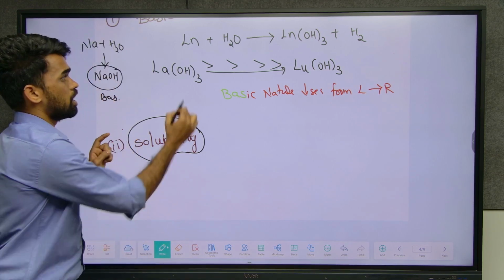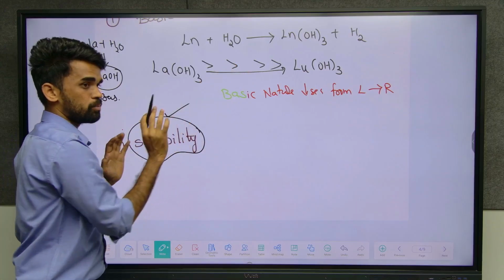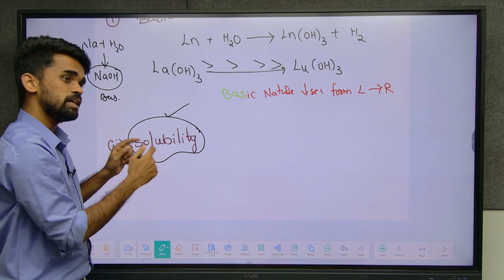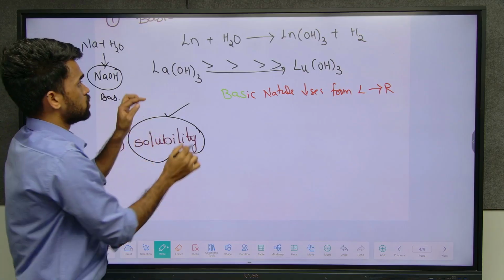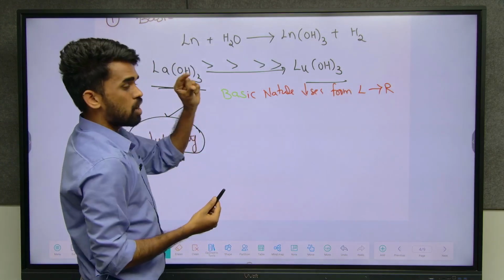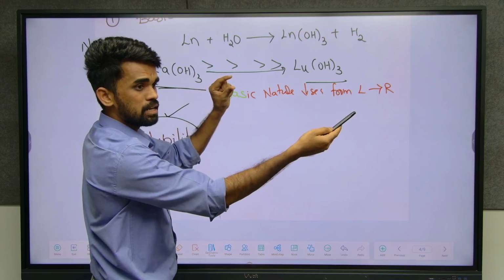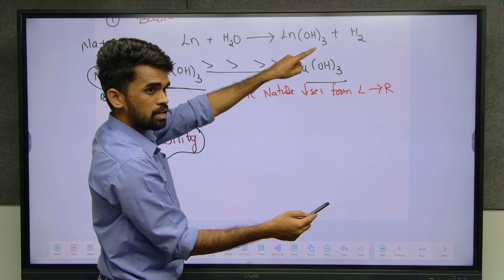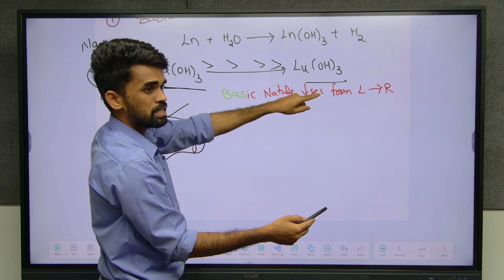Now all of these form ionic compounds, that's fine. But which has more solubility? How can you decide? Same, based on Fajan's rule. Which compound is more ionic, this one or this one? The small cation has more covalent nature, less ionic. So less ionic means less soluble.